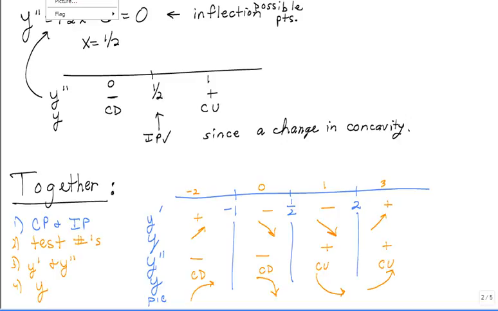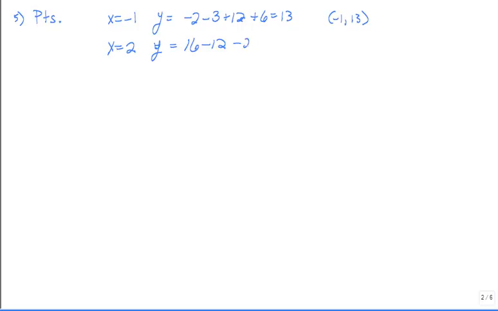So then I go to my final picture. Okay, let's just make this step 5. I get my points by plugging them back into y. So when x is -1, then y, when I plug it back in, is 13. So I have the point -1, 13. When x is 2, I have y equals 16 minus 12 minus 24 plus 6.